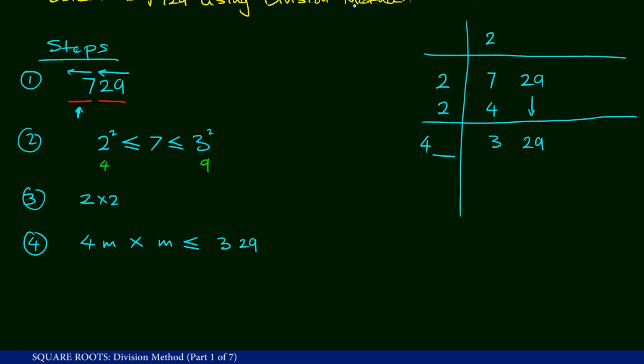So let's just guess a digit. Let's say it is 45. So 45 times 5, because that is the digit we're going to multiply with. 5 times 5 is 25. 4 times 5 is 20, so that is 225. 225 is less than 329, but perhaps there is a bigger number.